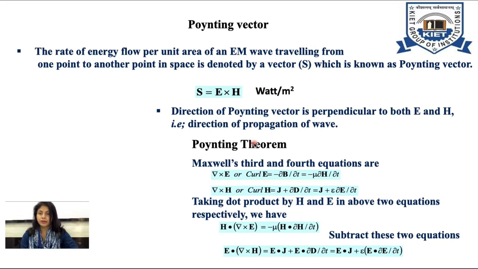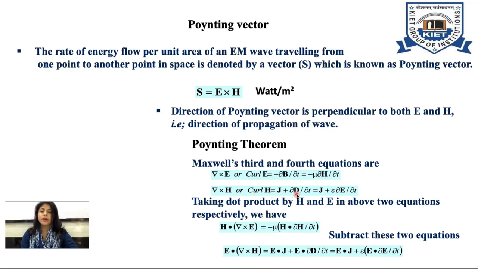Then Poynting theorem. To derive the Poynting theorem, we know that Maxwell third and fourth equations are: Maxwell third equation is del cross E, or curl of E, is equal to minus del B over del t. B is equal to mu H, therefore curl of E is equal to minus mu del H over del t. Then del cross H, or curl of H, is equal to J plus del D over del t.